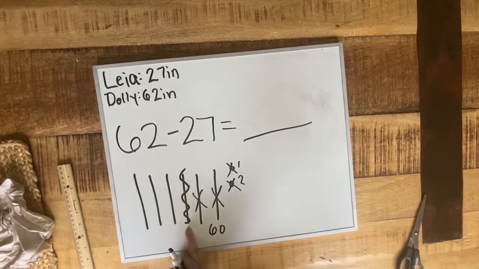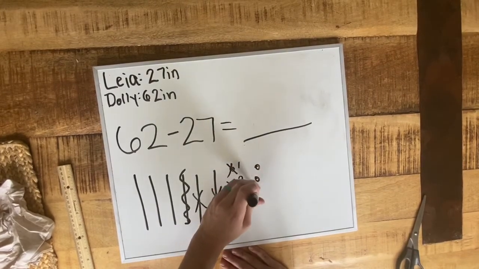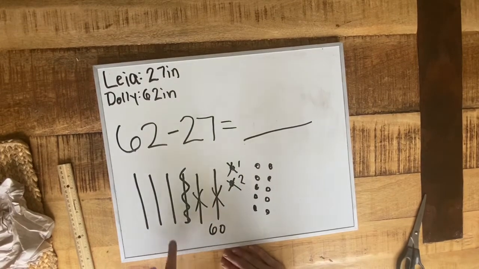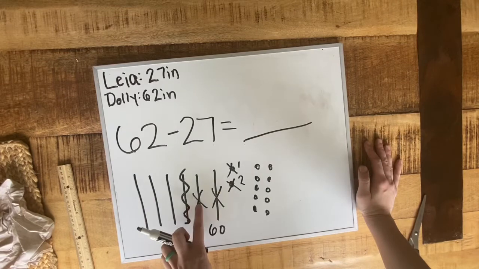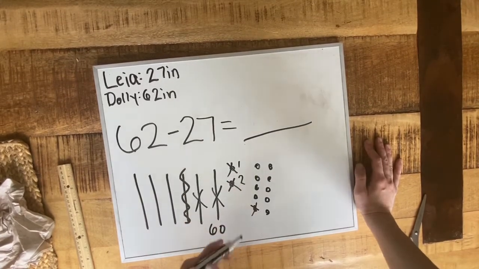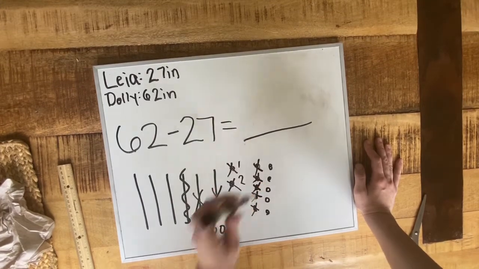I did not exit out. I'm just turning it into ones. So 1, 2, 3, 4, 5, 6, 7, 8, 9, 10. It's the same thing. It just looks a little different now. I spread it out into ones. So I've taken away 10, 20, 21, 22, 23, 24, 25, 26, 27.